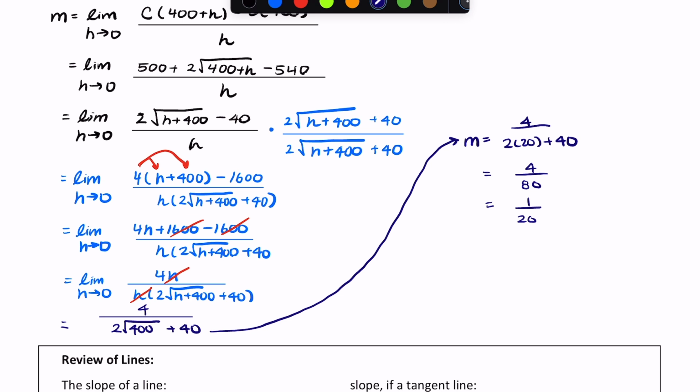So what does that mean in terms of our question?